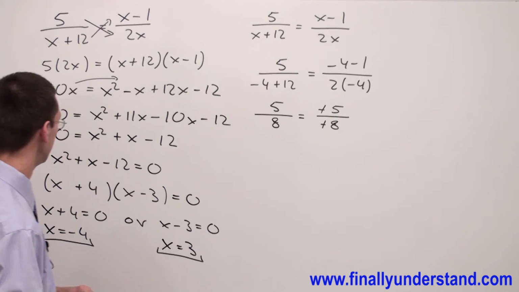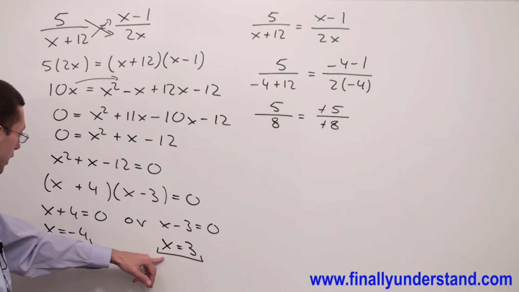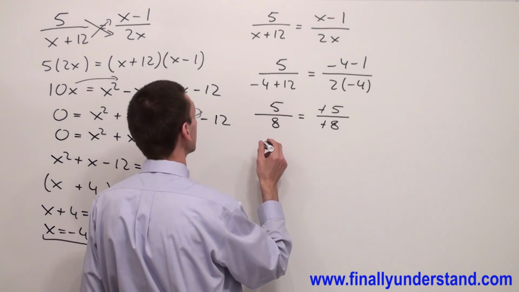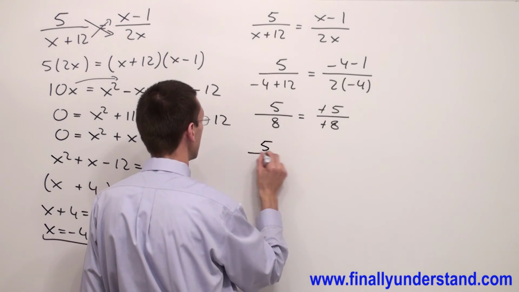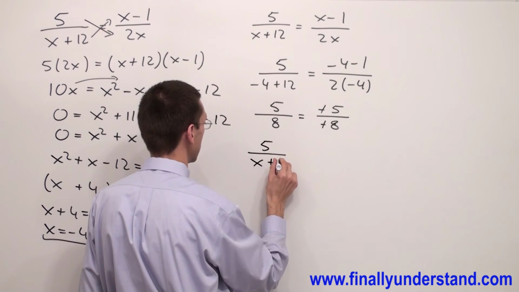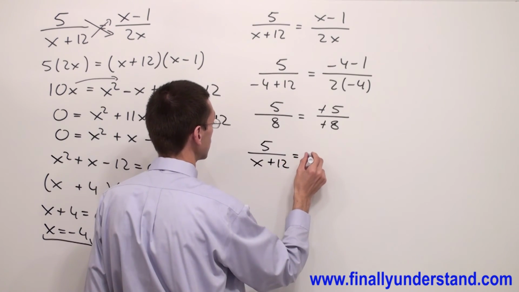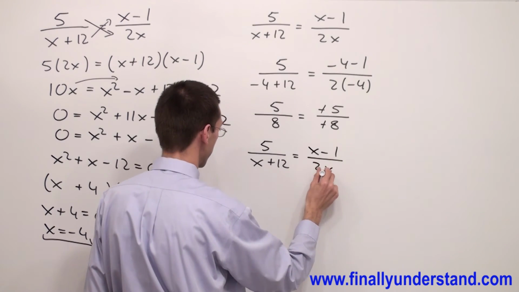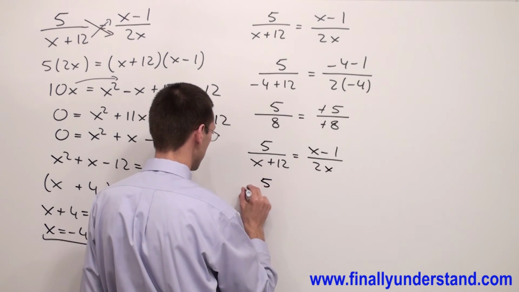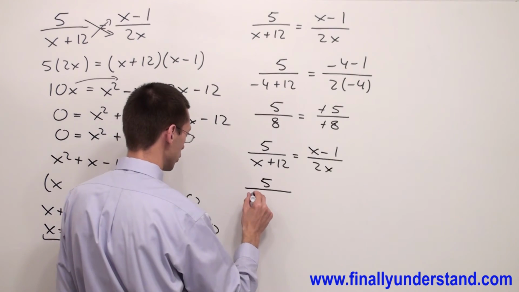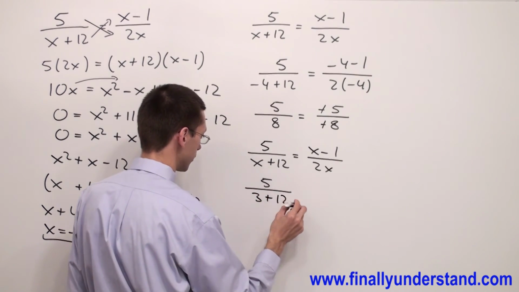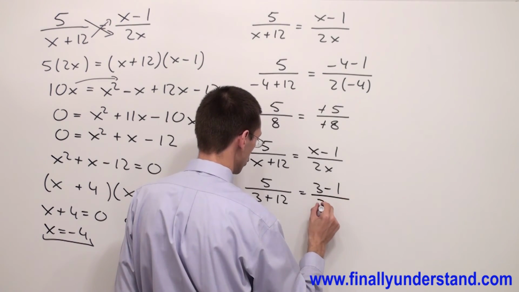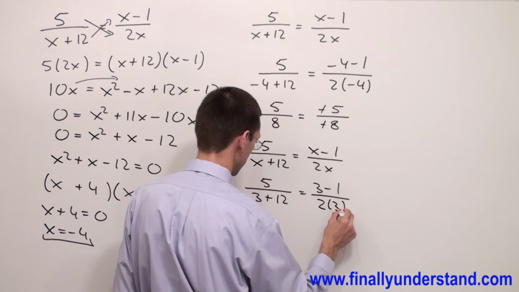Let's take a look at the answer x equals 3. Again, I'm going to copy down the original equation, and I have 5 over x plus 12 equals x minus 1 over 2x. And I have 5 over 3 plus 12 equals 3 minus 1 over 2 times 3.